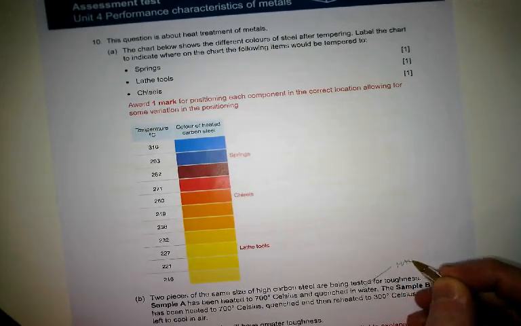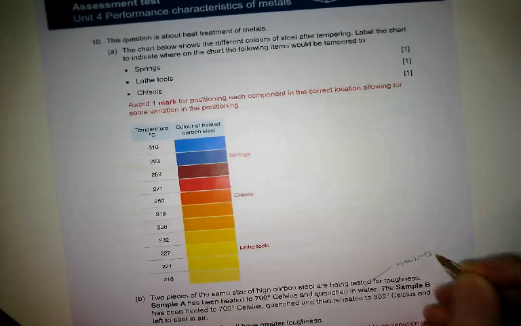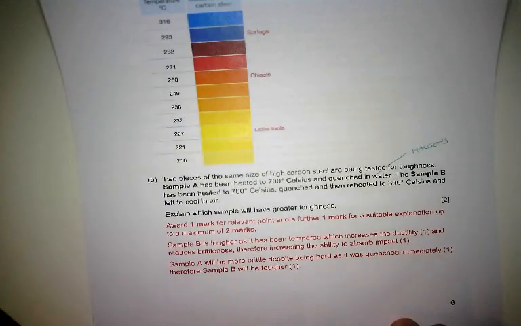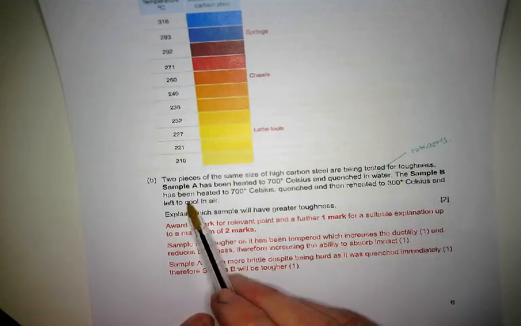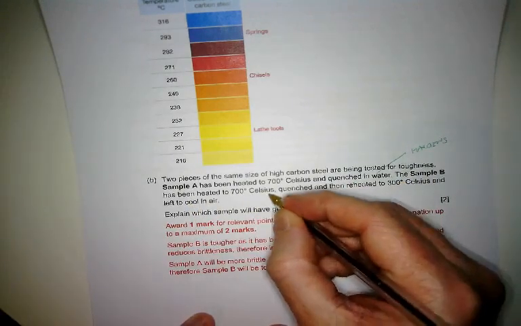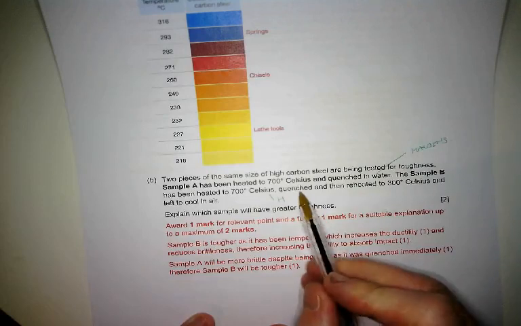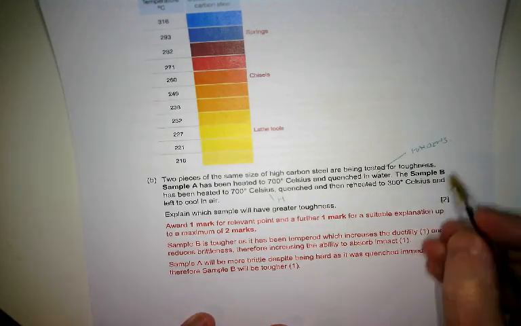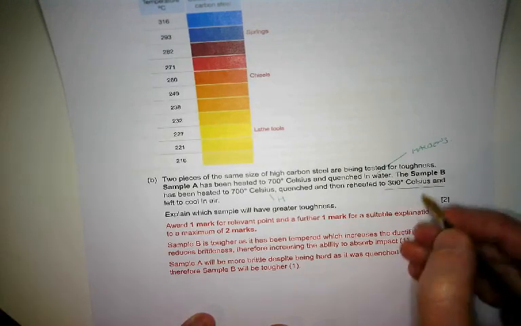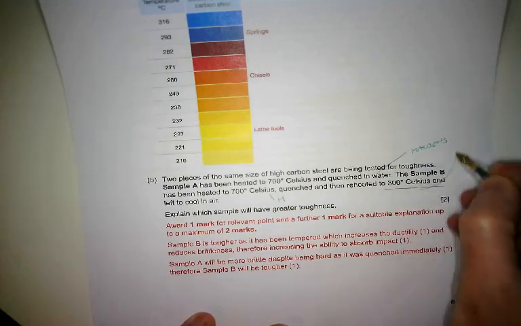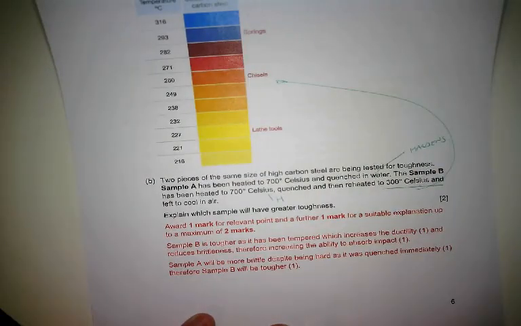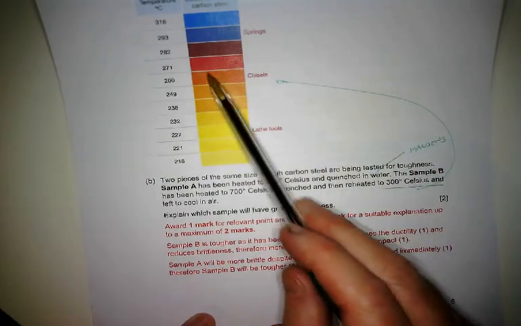Sample B has been heated to 700 degrees, so it's hardened again, quenched, and then reheated to 300 degrees Celsius and left to cool in air. What's that reheating called? That's the tempering. So if we temper it, we're going to make it somewhere up here, around that temperature and that colour, right up at the top.